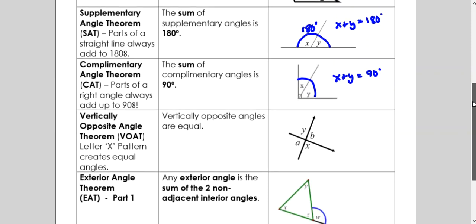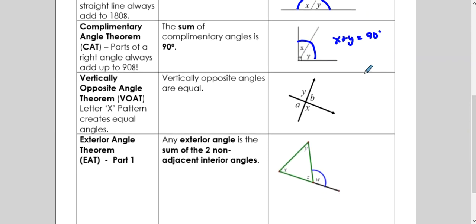So vertically opposite angles are equal. If I took two straight lines, and let's say that this angle was 80, how could we prove that this one is 80 as well? Let's try that.